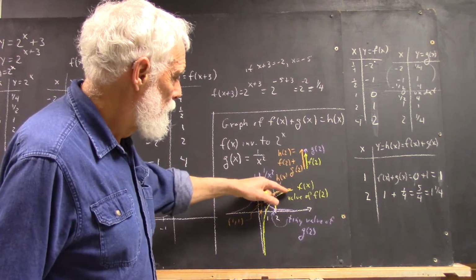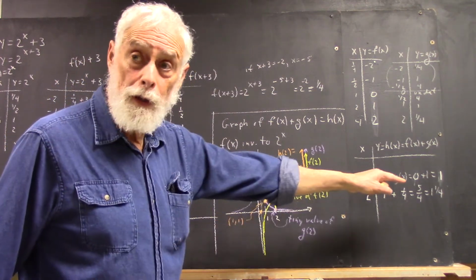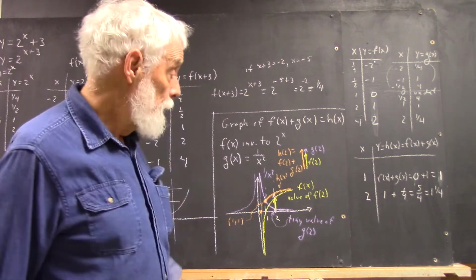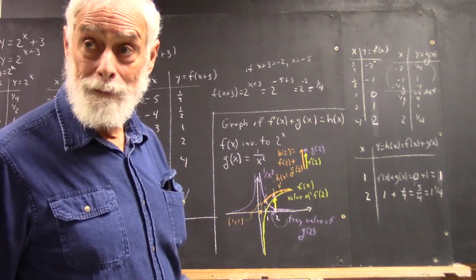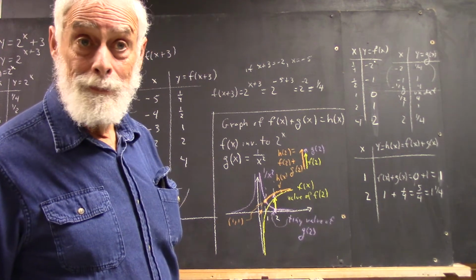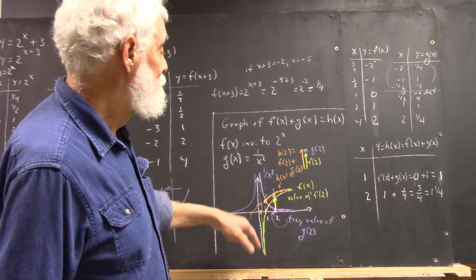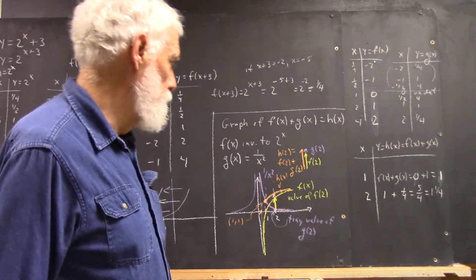And by the time we get to this, it's just pretty much going to run along with the f of x function. So we say that the h of x function is asymptotic to the f of x function as x gets big. And that's because our g of x function approaches 0.